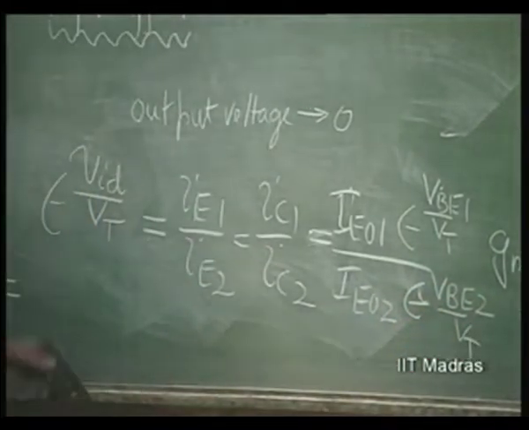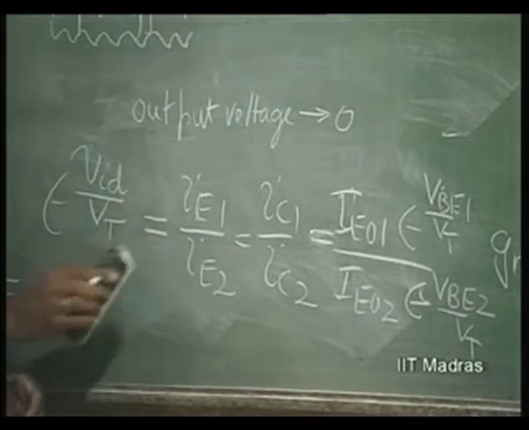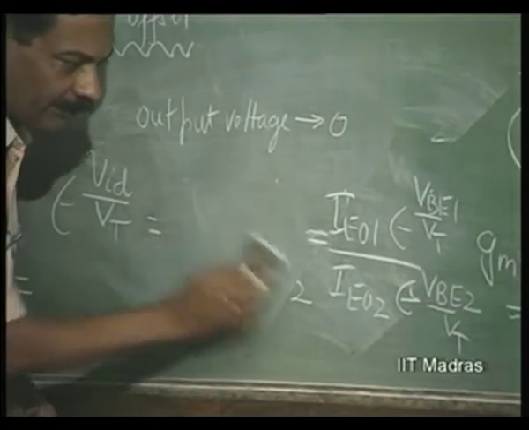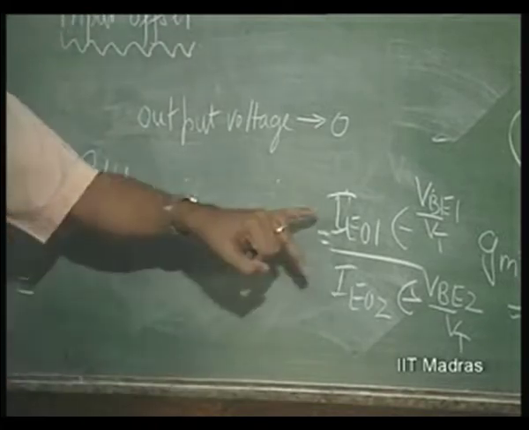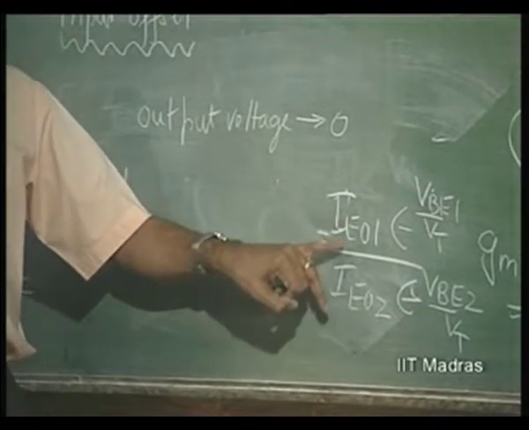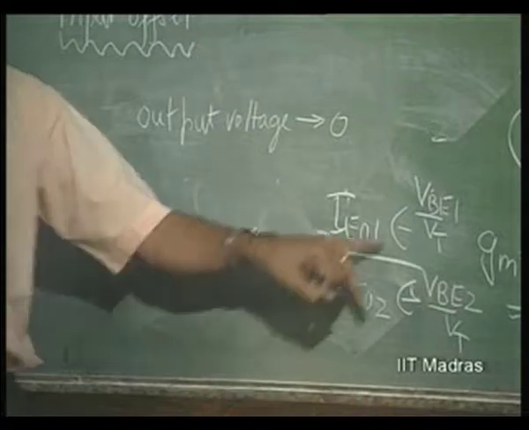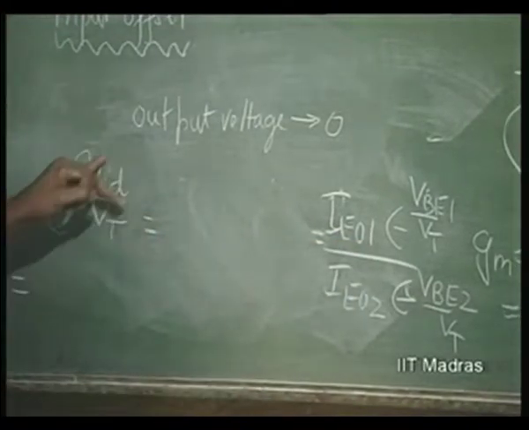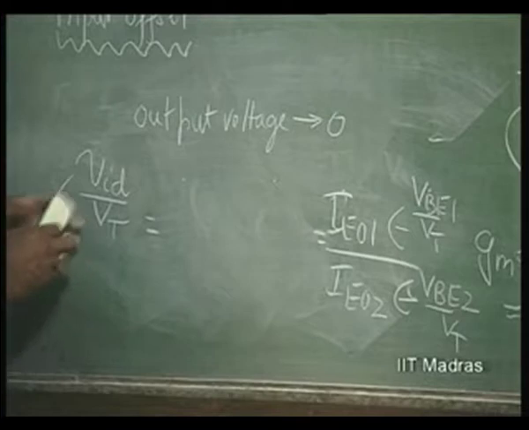Right? Is this clear? Strictly speaking, when the IE0s were matched, this was going to 1. This was becoming equal to exponent VID by VT. Is this clear or not?